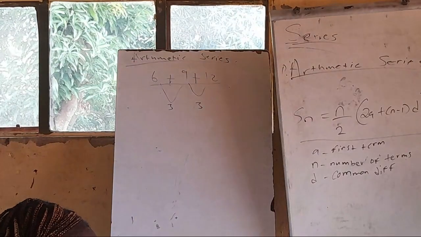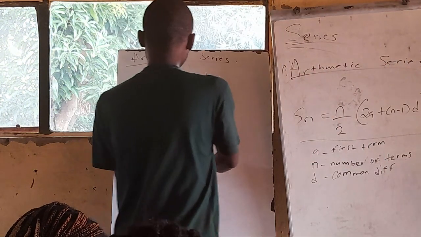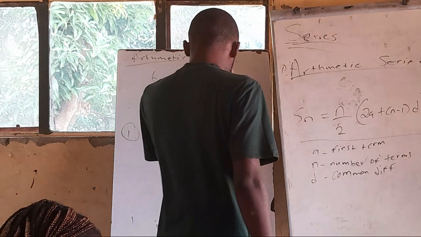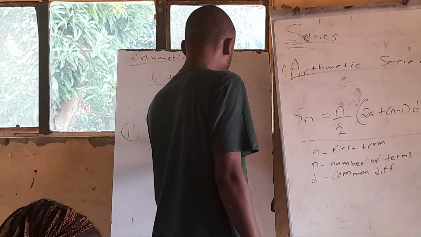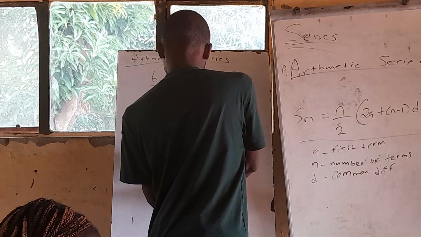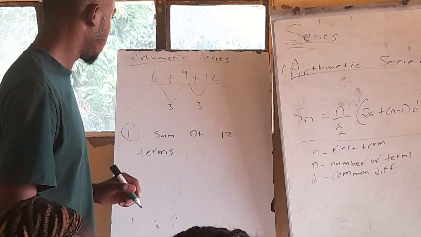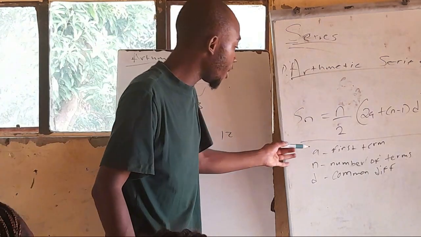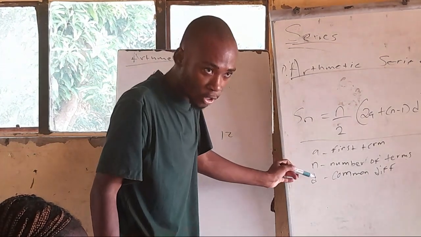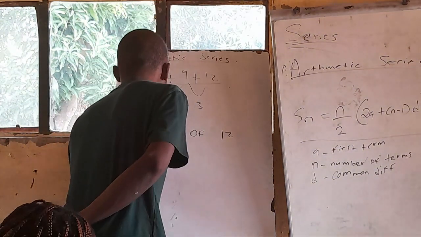And the question says, find the sum of 12 terms in this series, right? You are going to determine your A, your N, and your D, then you find the sum. Your A is what there?